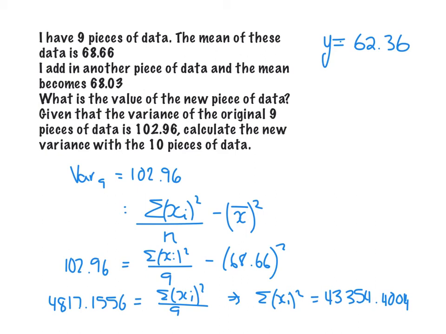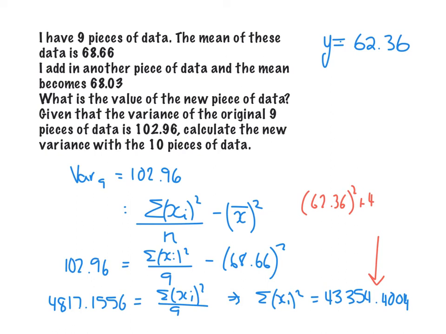If I want to calculate the new variance then, I need to add on to that total, the one we've just calculated, the value of my new piece of information, which is 62.36, we calculated that before, squared, and just add that to the total we had a minute ago. And we calculated our 43,354 point smidge.